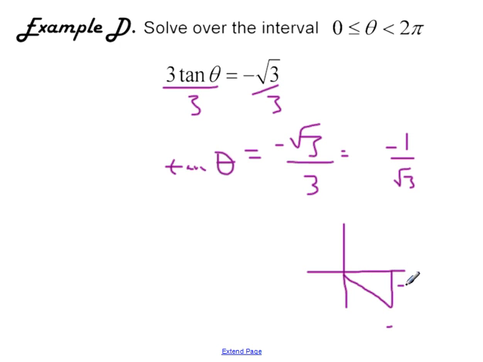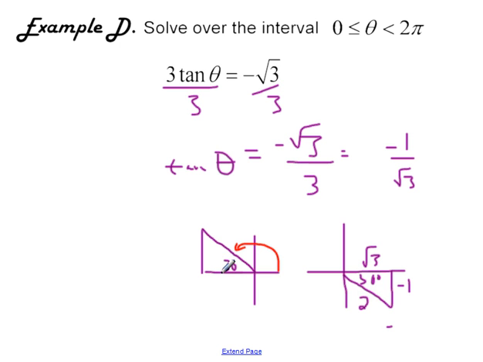So we have a negative 1, root 3, and that should be a 2, so that's 30 degrees. Tangent is also negative in the other quadrant, so that's 30 degrees, which is also pi over 6.